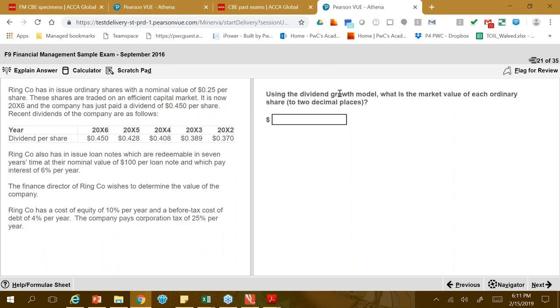Using the dividend growth model, what is the market value of each ordinary share to 2 decimal places? Now, my first question to you here is, do you think that the examining team wants us to work out the per share value or the value of equity?